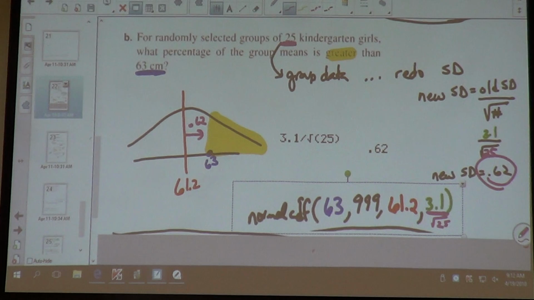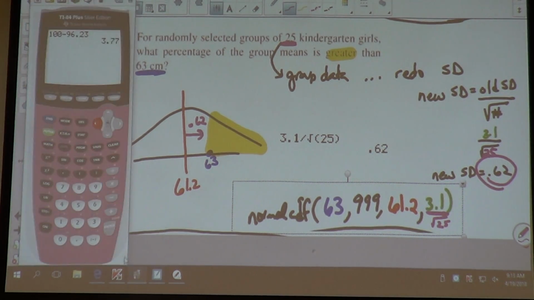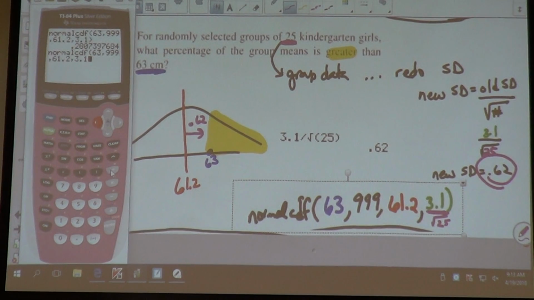On my calculator, when I did part A, I typed 63, 999, 61.2, and 3.1, and I got my answer to part A. Then when I do part B, I back that up and divide by the square root of 25.